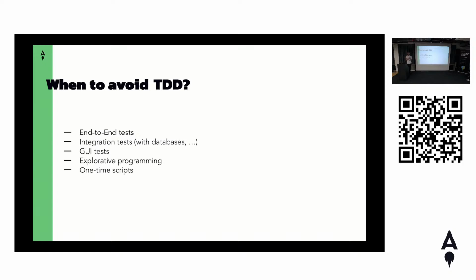Same for the user interface, because it's hard to test that the button has the correct border and so on. It doesn't make sense to test it in a unit test. Also for exploratory programming, when you need to check if something is possible and you're just playing with the code, and for throwaway scripts it makes no sense. You just transfer some data and throw it away.